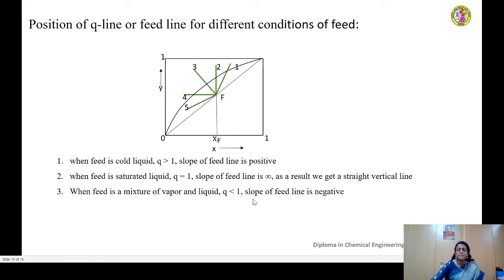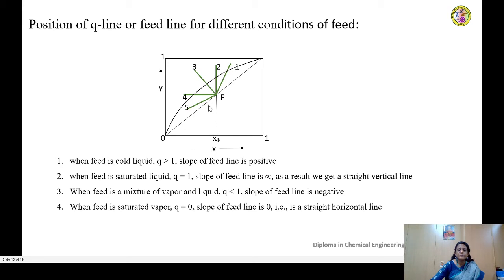In that case, the slope of the feed line will become negative, because the slope is q by q minus 1. So 1 divided by a value less than 1, minus 1, will be a negative value. So the slope will become negative and the q line will have a position in between the vertical and the horizontal line. So that is the position of the q line when the feed is a mixture of vapor and liquid.